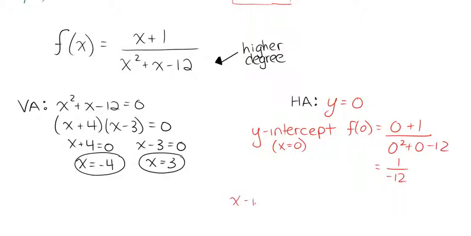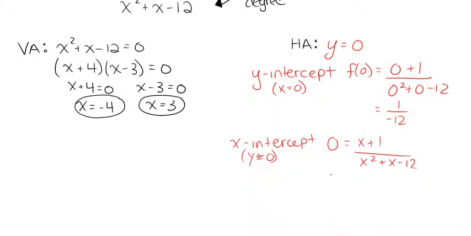And then to find our x-intercept, we set y equal to 0. So we have 0 equals x plus 1 over, who cares, because it's not going to matter anyways. If we get rid of the denominator by multiplying both sides by x squared plus x minus 12, we just end up with this. And therefore, x is equal to negative 1.